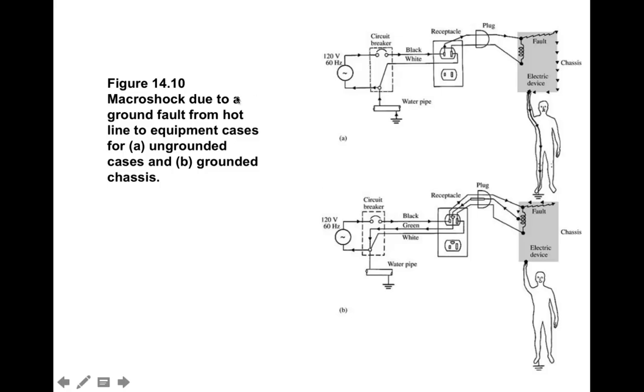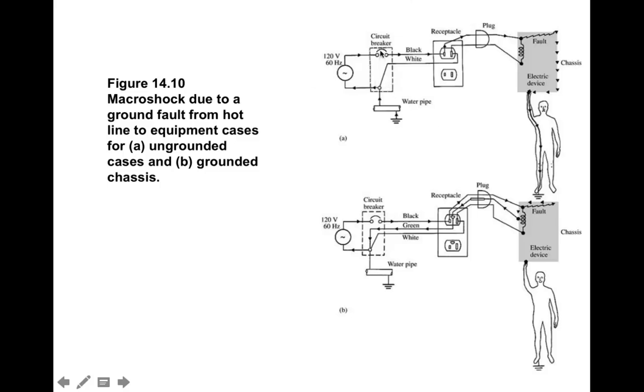So even when things are grounded, things can go wrong because you can have what's known as a ground fault. And so in that case, you would have a ground fault from a hot line to an instrumentation chassis or case.